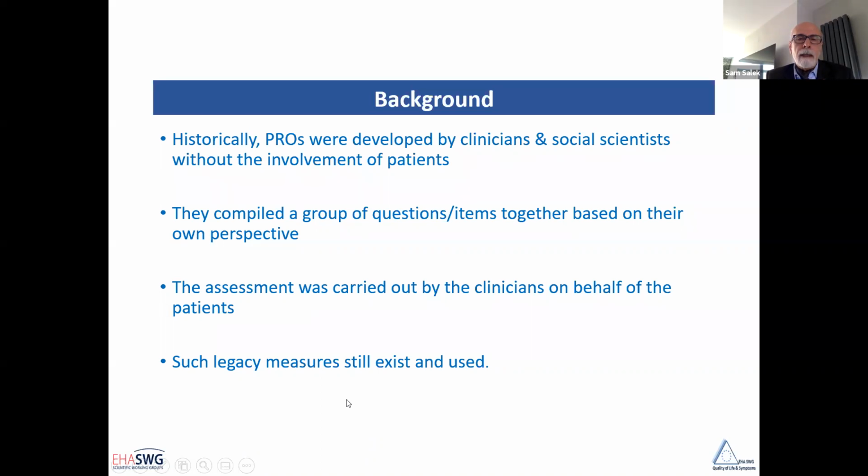However, some of these measures that were developed in the manner presented on the slide are still being used, in particular in oncology, in cancer patients.